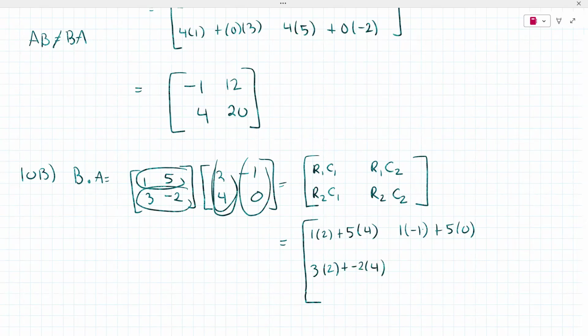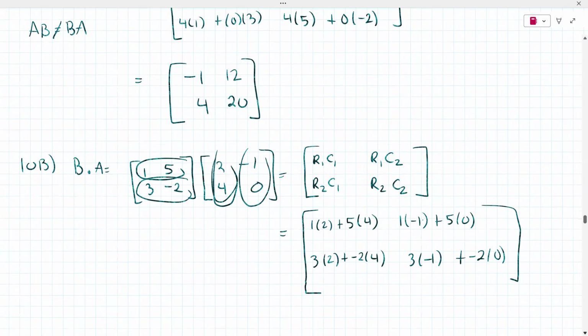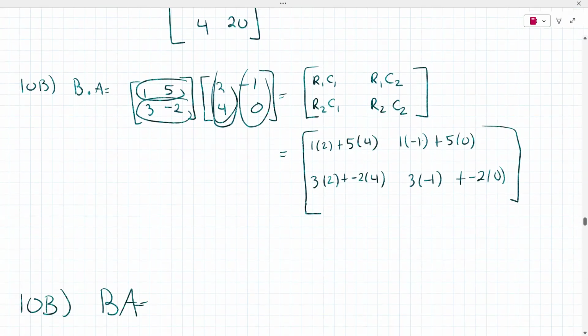And then this row by this column. So that would be 3 times -1 plus -2 times 0. So, yeah, when you get your final answer, you're going to get 22, -1, -2, -3.